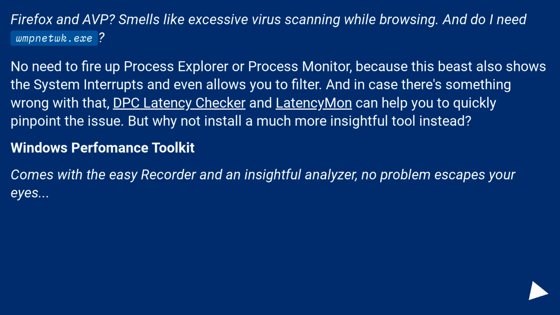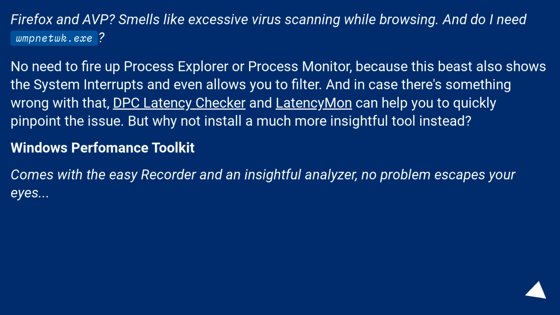No need to fire up Process Explorer or Process Monitor, because this beast also shows the system interrupts and even allows you to filter. And in case there's something wrong with that, DPC Latency Checker and LatencyMon can help you to quickly pinpoint the issue. But why not install a much more insightful tool instead? Windows Performance Toolkit.